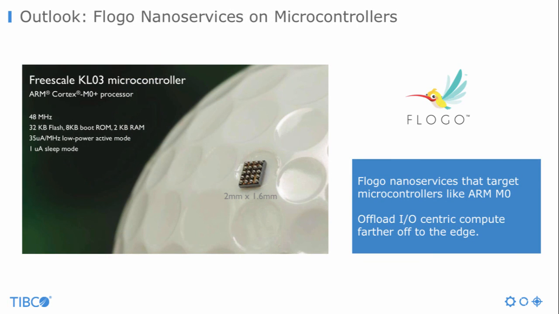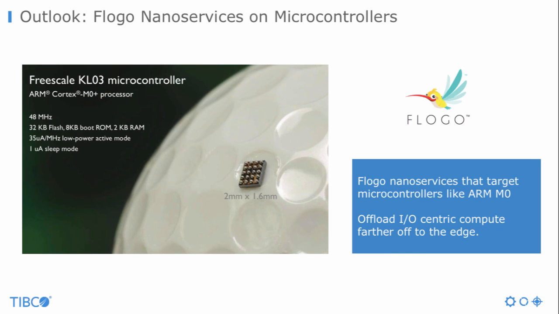And with that, again to the outlook: what we are also building right now, and you might see it in a few weeks or months, is that we also want to deploy Flogo via what we call nano services on microcontrollers. Here we are really targeting microcontrollers like the ARM M0, which are very, very small devices. This is not a Raspberry Pi-like thing.